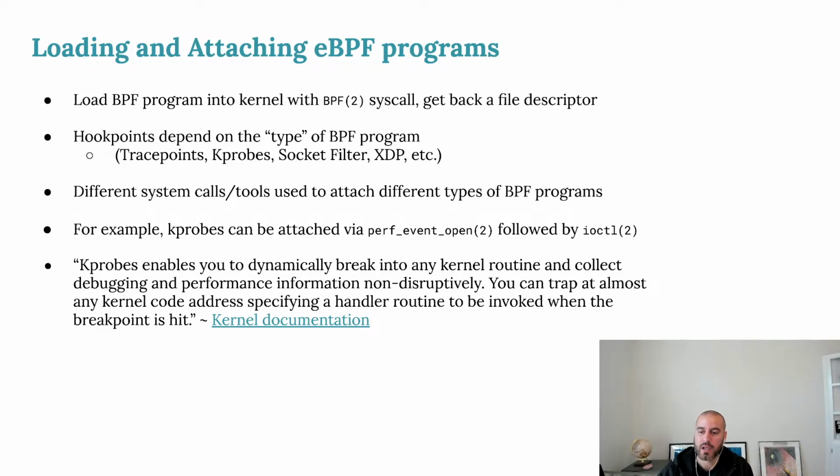So with eBPF, first you tell the kernel that you want a kprobe on a given function, and then you use ioctl to attach your eBPF program to that kprobe.